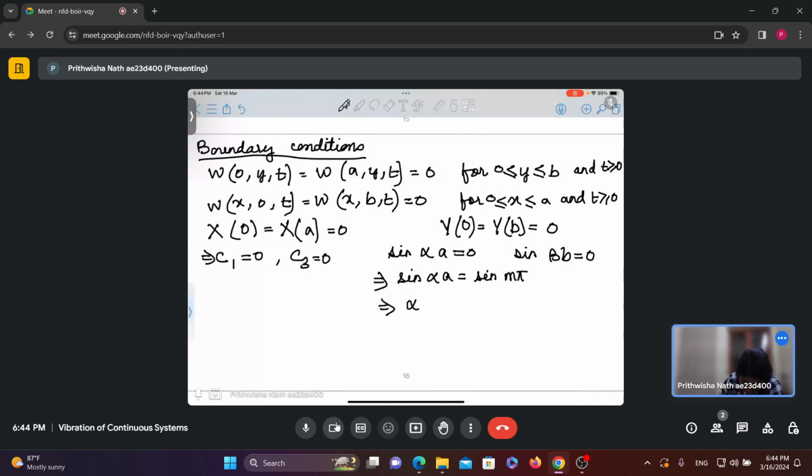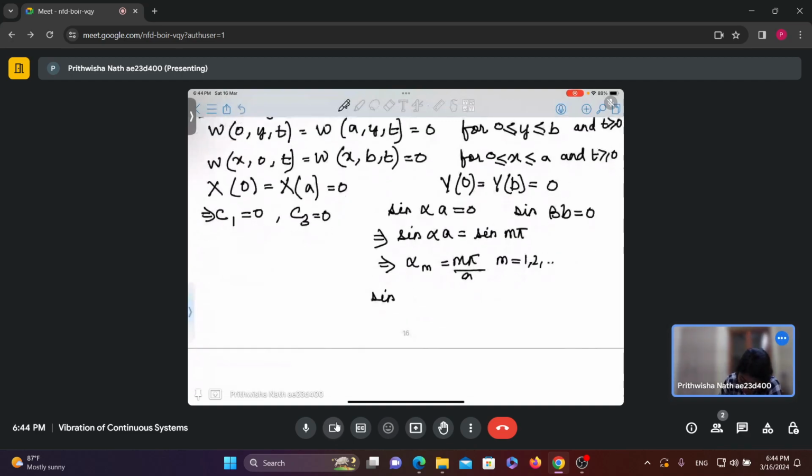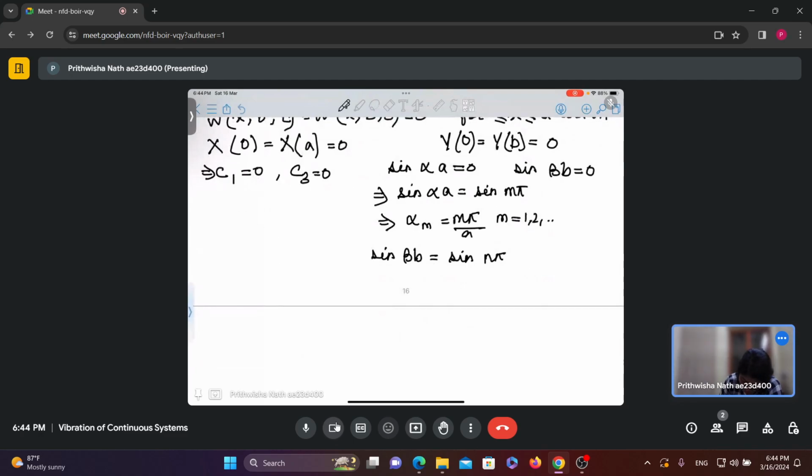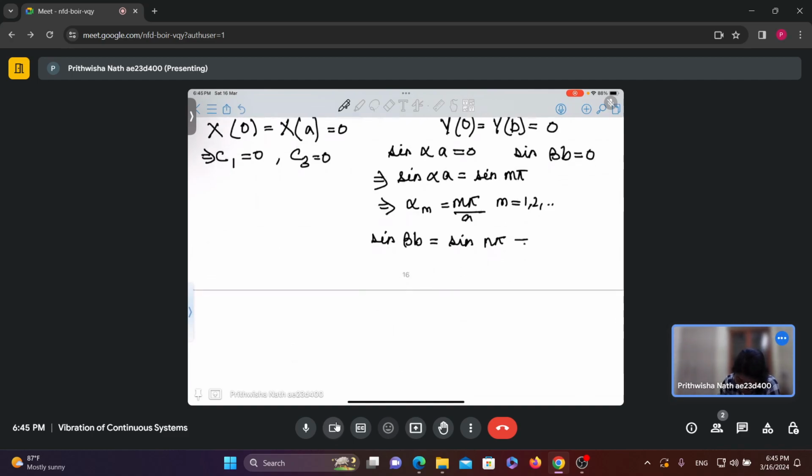Alpha m as m pi by A. Therefore, m can take values 1, 2, and similarly for sine beta b equals sine of n pi, this implies beta n equals n pi by b. N can also take values 1, 2.